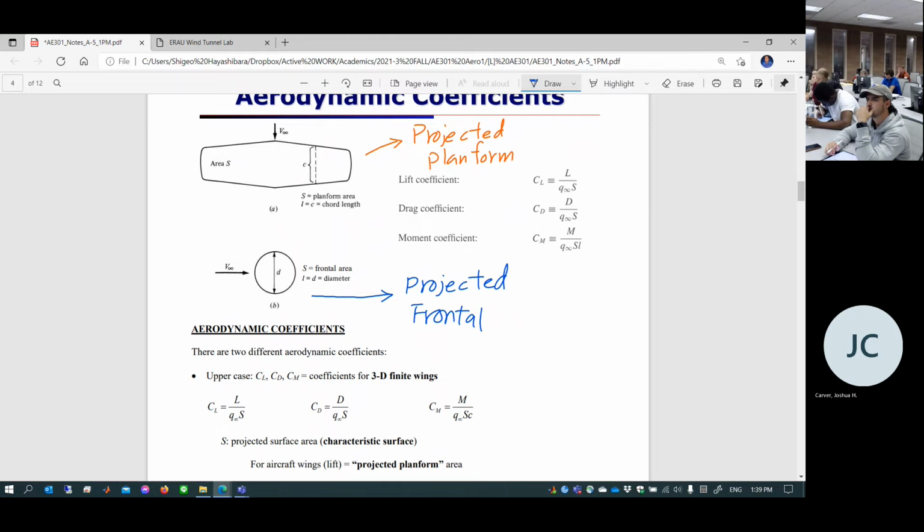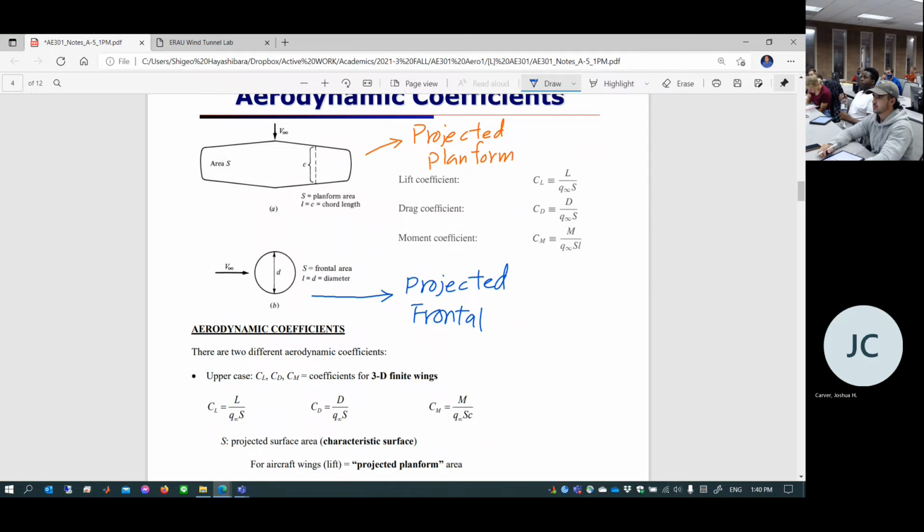Suppose you have a circular cross section, like a building pillar placed in a free stream, on a smaller scale, something like this. This is a building pillar, cross section circle. Air is flowing. It only produces drag. So what is the area S you're going to pick? This is the area you are seeing: diameter times length.